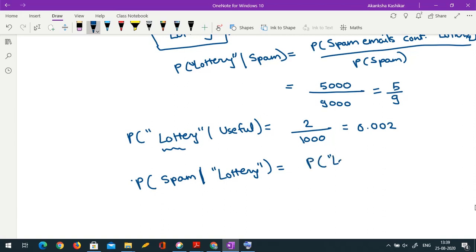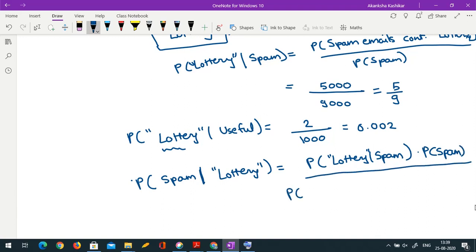I would use the probability of lottery given spam into the marginal probability of spam, upon this same quantity, the entire numerator, plus the probability of lottery given genuine email into the marginal probability of an email being genuine.